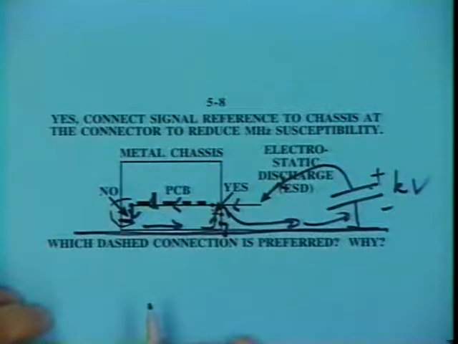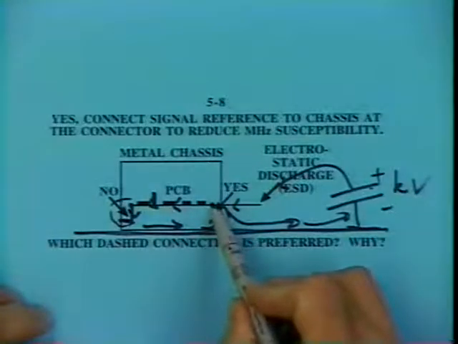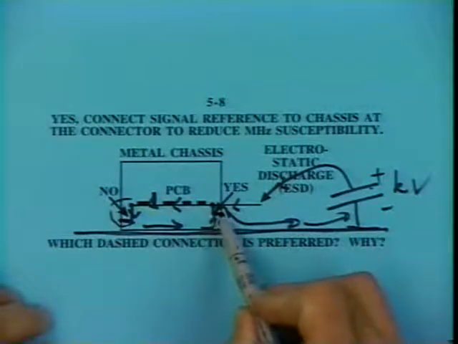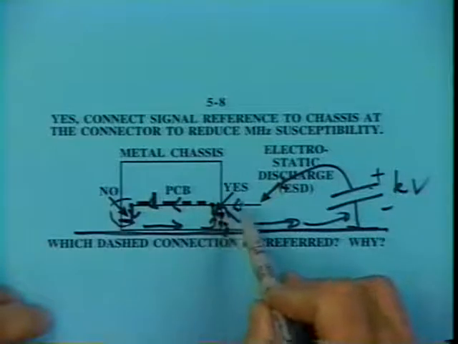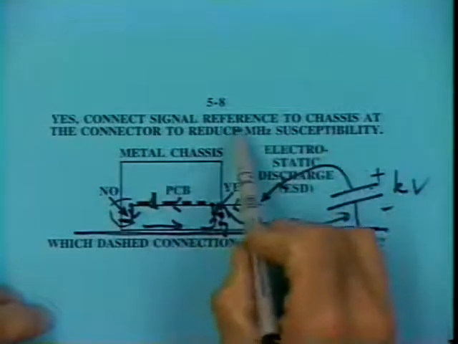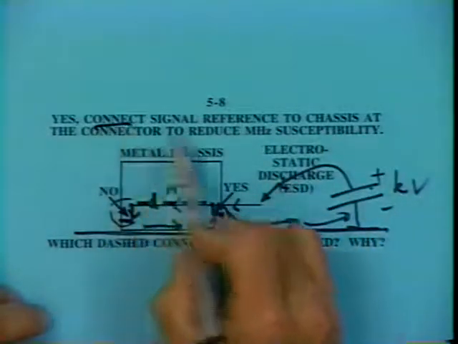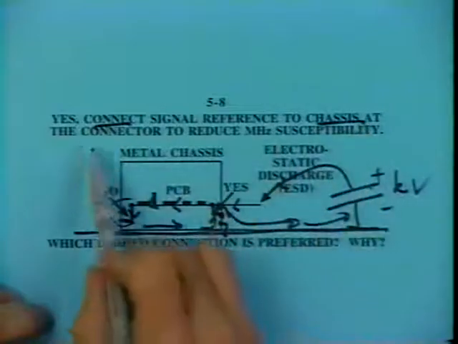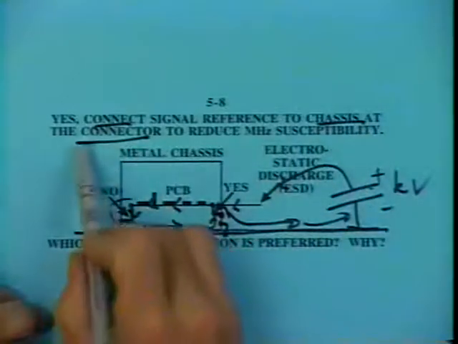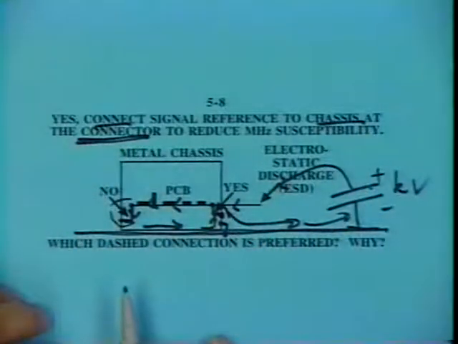So I think it's pretty obvious that for improved immunity, that is, reduced susceptibility to incoming high-frequency noise, we do in fact want to make the connection from the circuit board to the metal housing right in the area of the connector. We do want to connect to chassis right at the connector, and the connector location is critical.